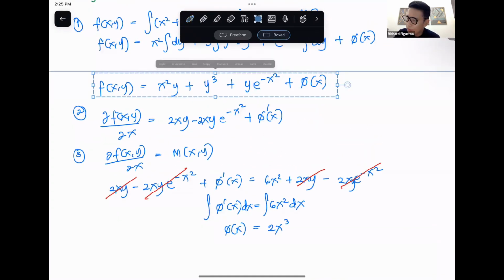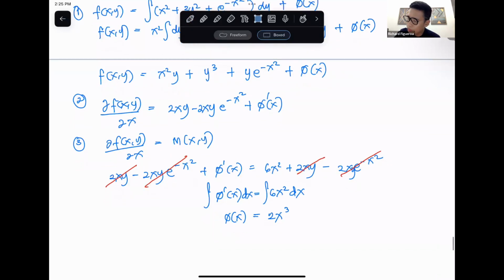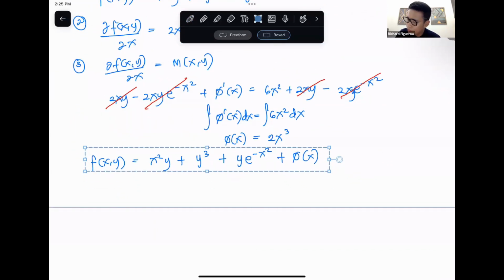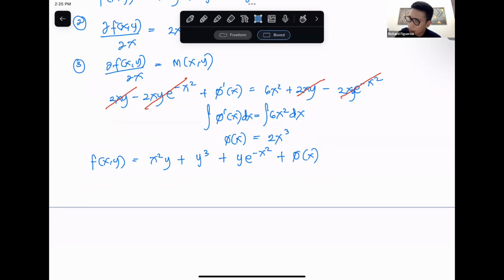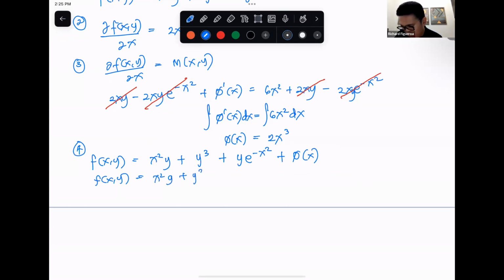And finally, f of x,y equals x squared y plus y cubed plus y e raised to negative x squared plus 2x cubed.